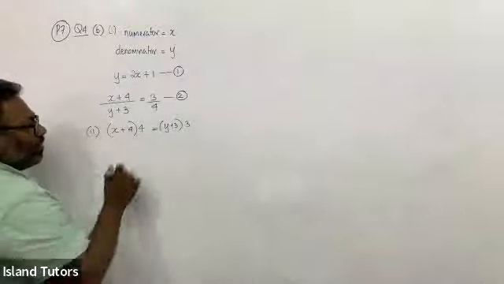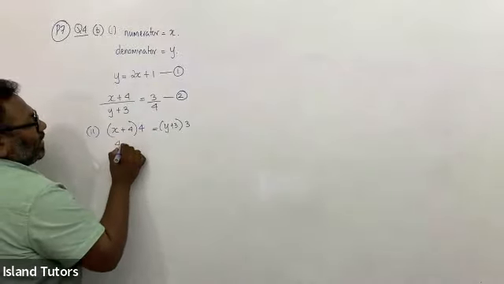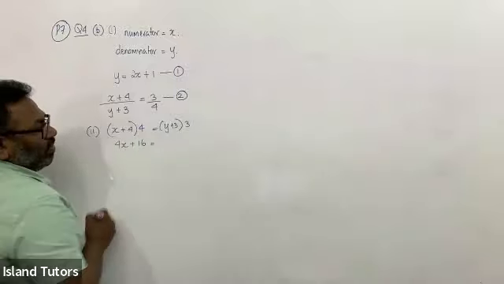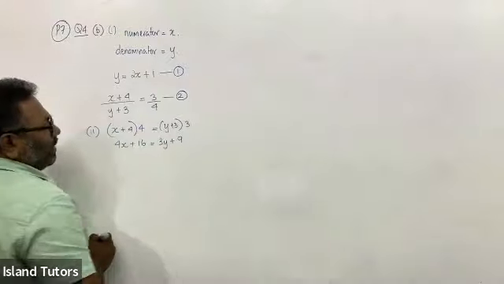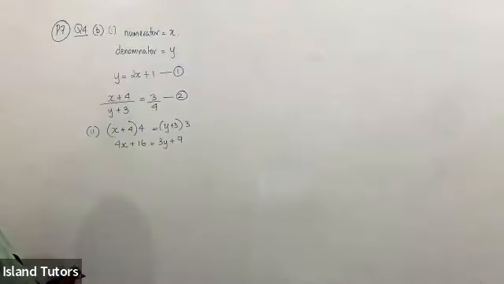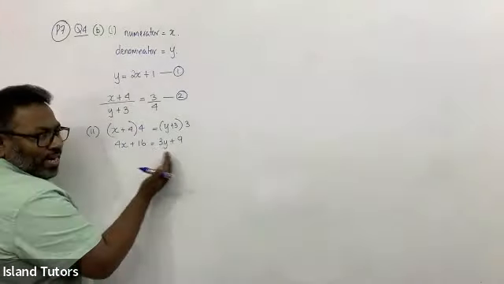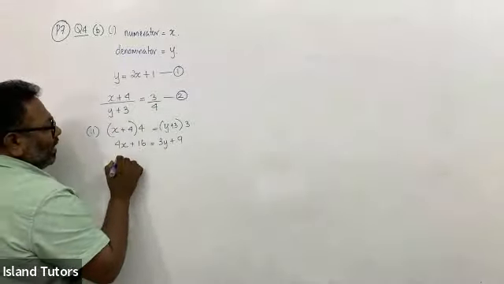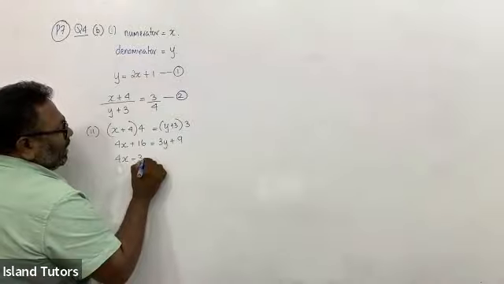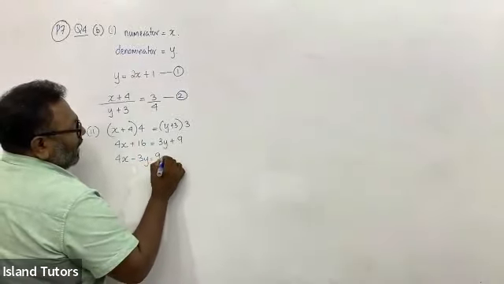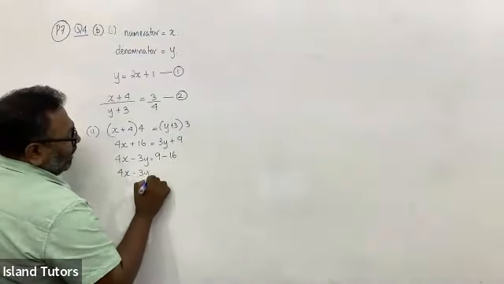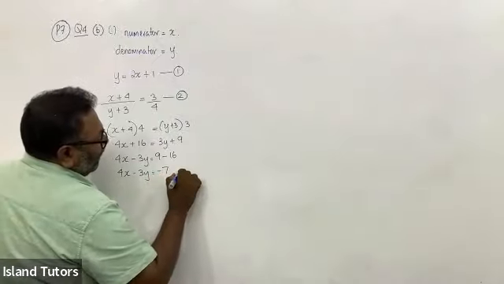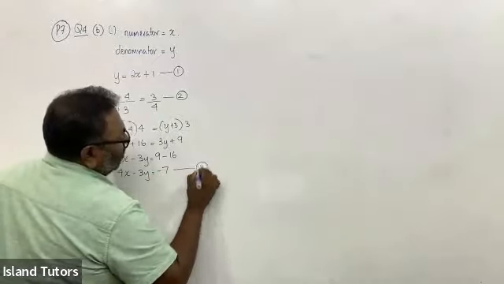You are cross multiplying. 4 into x, 4x plus 16 is equal to 3 into y is 3y plus 9. Okay. So we'll take all the unknown values to one side. So 3y will come here. 4x minus 3y is equal to 9 minus 16. So 4x minus 3y is equal to minus 7. We'll take this as your third equation.